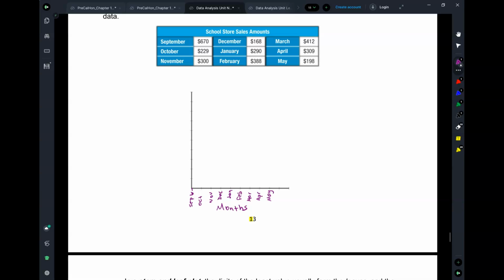It looks like we're going from about 168 to 670, right? So that's what we want to do. Why don't we go up by hundreds, right? So 100, 200, 300, 4, 5, 6, 7, 8, 9.